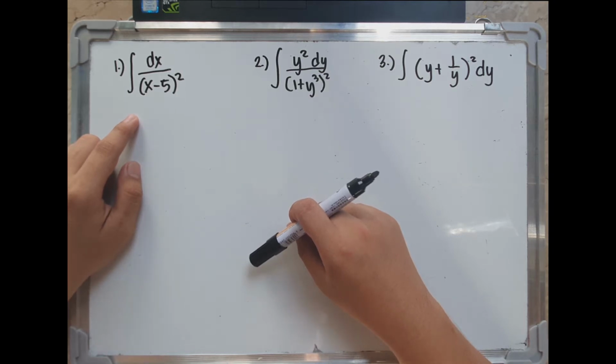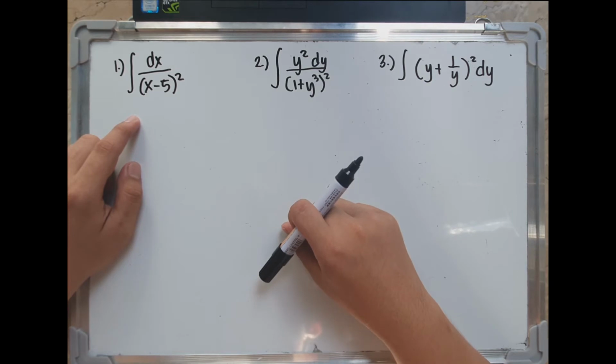We have learned from our previous videos that the first thing is that we will try to find the relationship of the numerator and denominator. For this example, example number 1, if we look at the denominator, we have the quantity x minus 5 squared.